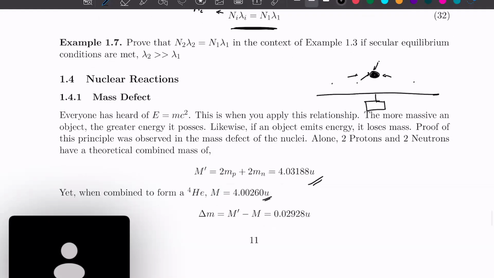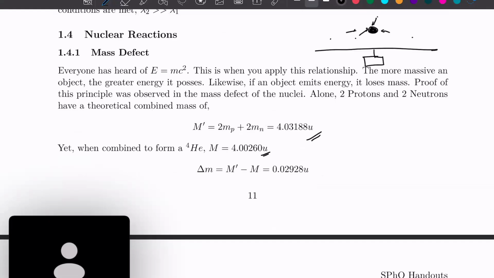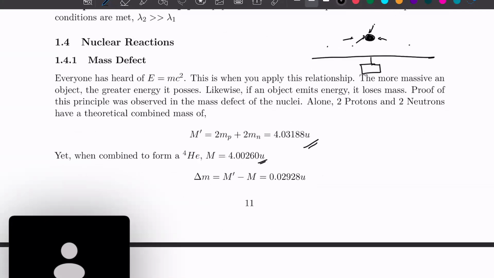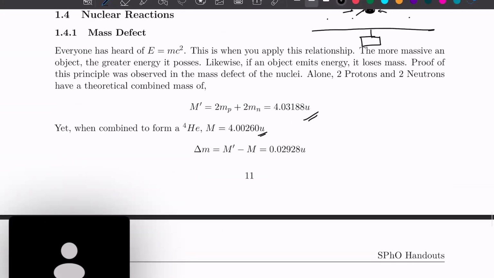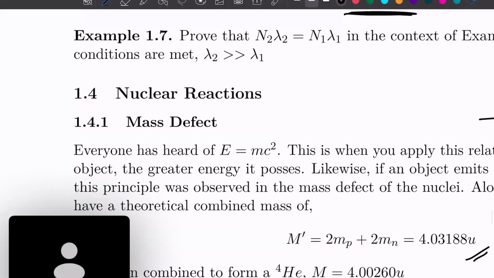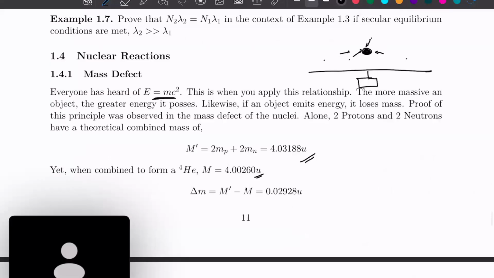This is experimentally found: when you combine nucleons, which are basically either protons or neutrons, their mass decreases. And if you did relativistic dynamics, this is a result that you can kind of derive.